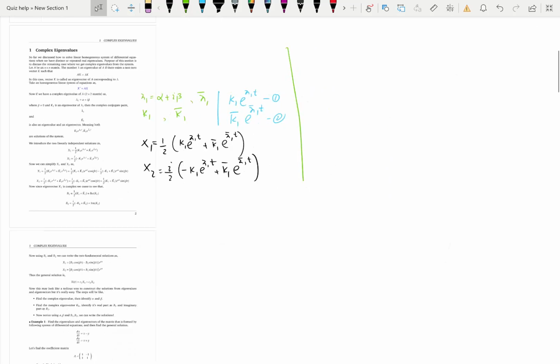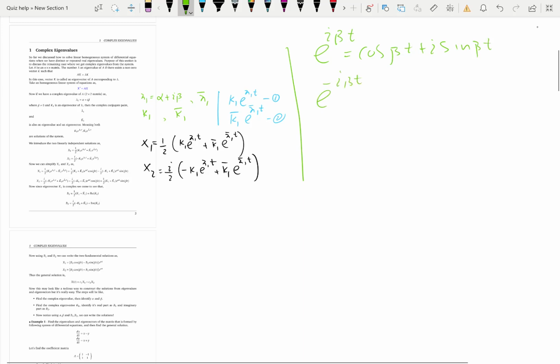Remember, when we have complex roots we wrote our solution with sine and cosine, cosine beta t, sine beta t, and the same thing happens. We have this famous formula: e to the i beta t can be written as cosine beta t plus i sine beta t. If you have the negative i beta t exponent, you have cosine beta t minus i sine beta t. So this is an identity, and we can use these two identities.